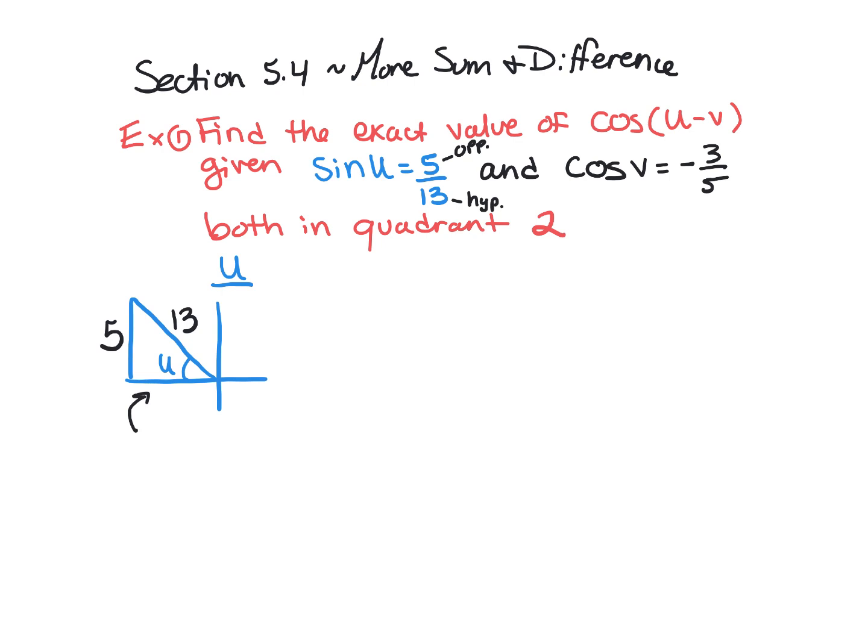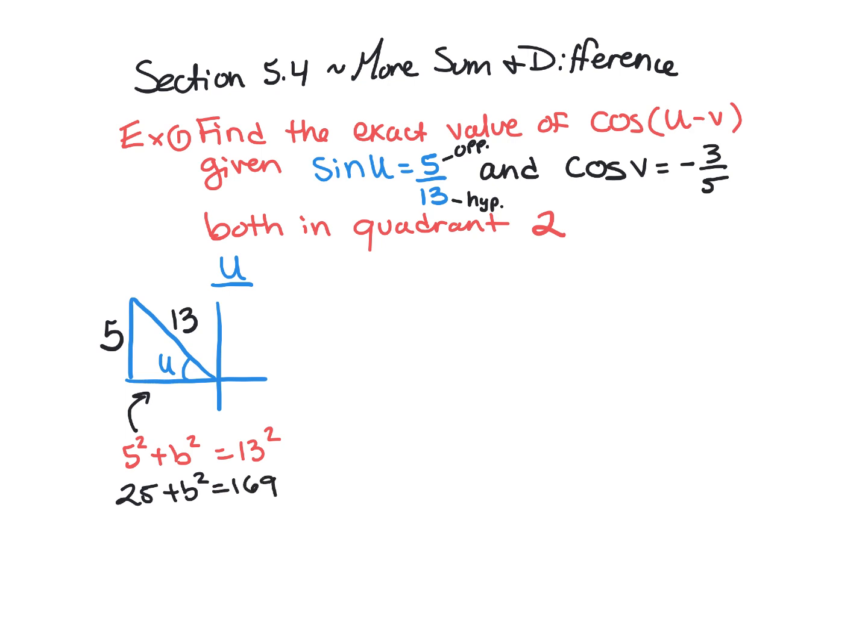So remember, Pythagorean theorem is always the legs squared being added together, so we'll have 5 squared plus whatever our missing leg is, b squared, equals the hypotenuse squared. So we'll have 25 plus b squared equals 169.